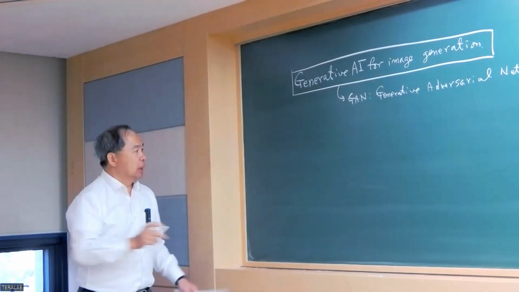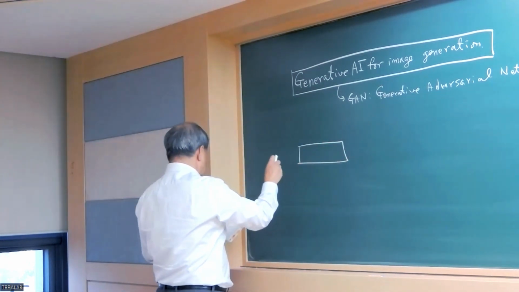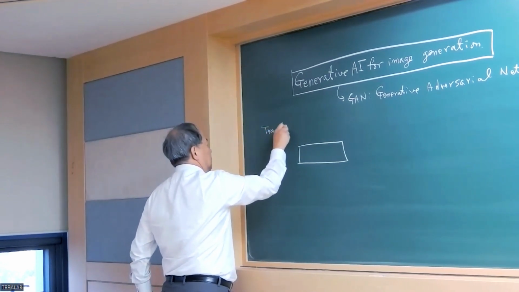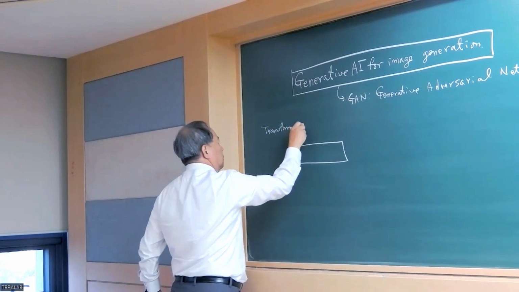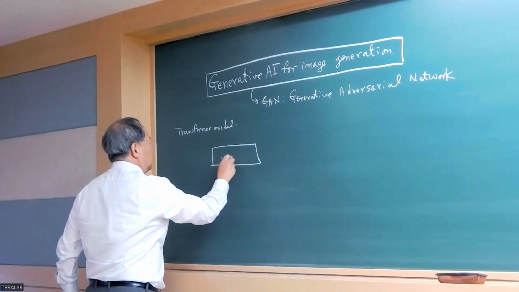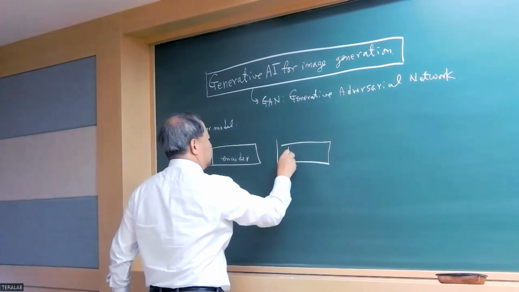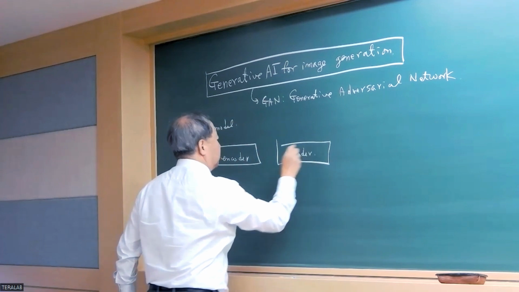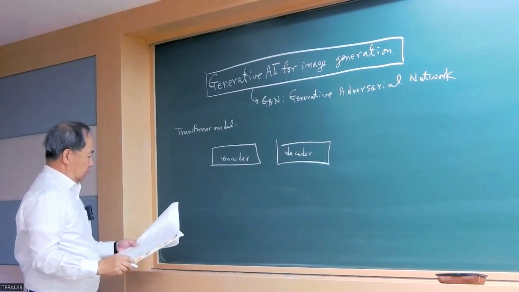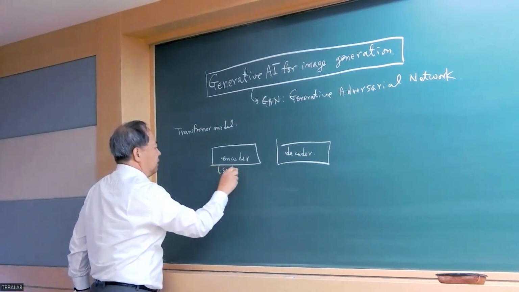You remember that in the previous class, we were talking about the transformer model. It has encoder and decoder architecture. And especially in the encoder, we have self-attention.